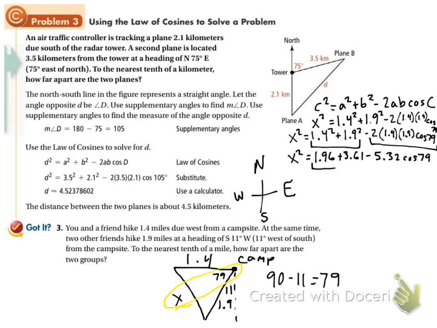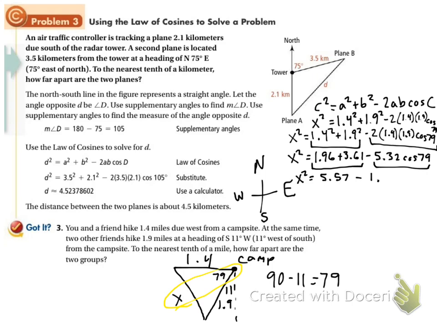So now I can combine these numbers. So 1.96 plus 3.61, that gives us 5.57. And then the cosine of 79 times 5.32 gives us about 1.